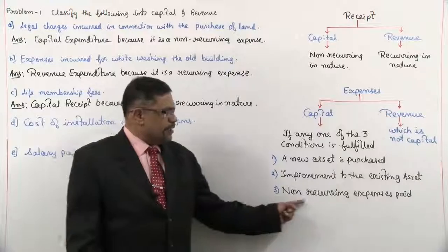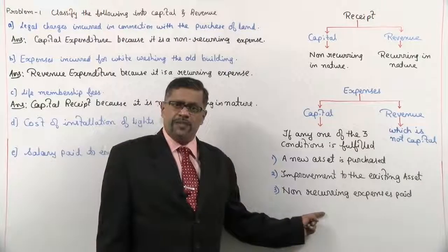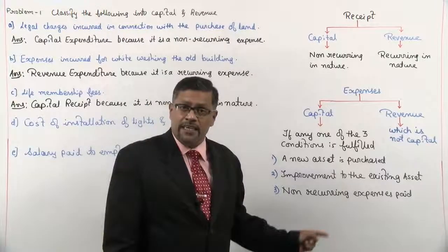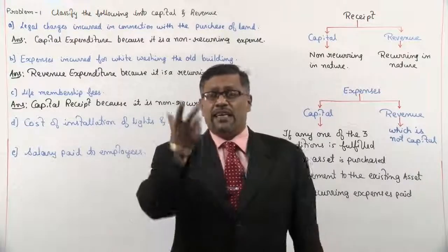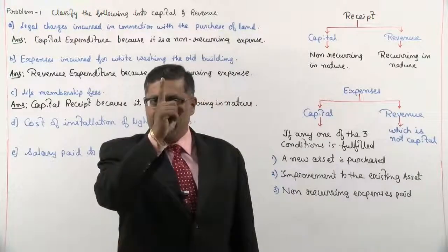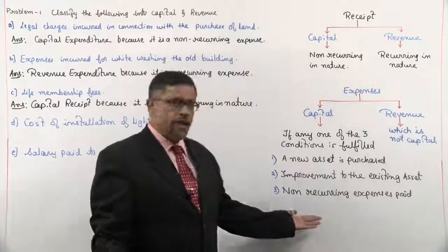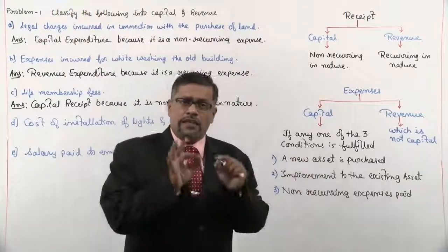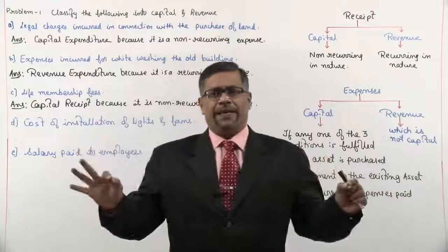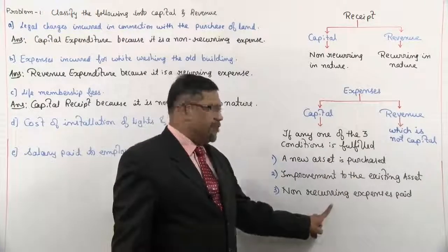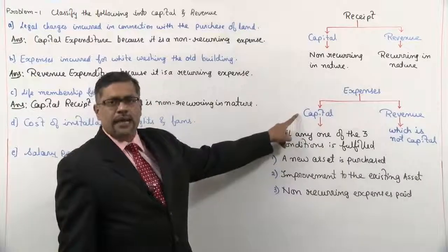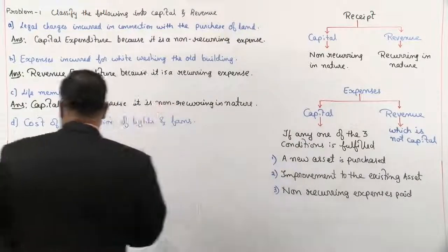No. Is it a non-recurring expense? Yes. Once you purchase the lights and fans, the fitting charges are paid only once to the electrician. So that is a non-recurring expense or discharge of fixed liability. It fulfills one of the conditions, so it is taken as a capital expenditure. Let us write down the answer.